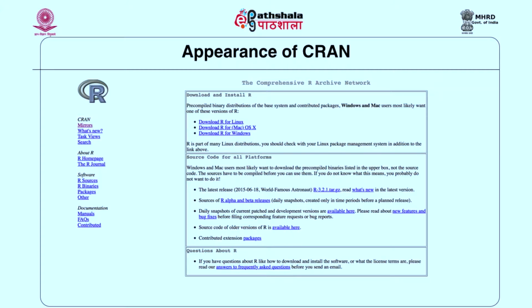For example, if you click on the documentation, you will see that there are many different ways in which R has been documented. There are full-length books put up on this site that you can read to learn more about R, that can go beyond this lecture. This is only an introductory lecture, so you can go beyond this and learn a lot more by reading those books, and I strongly encourage that you read those books.